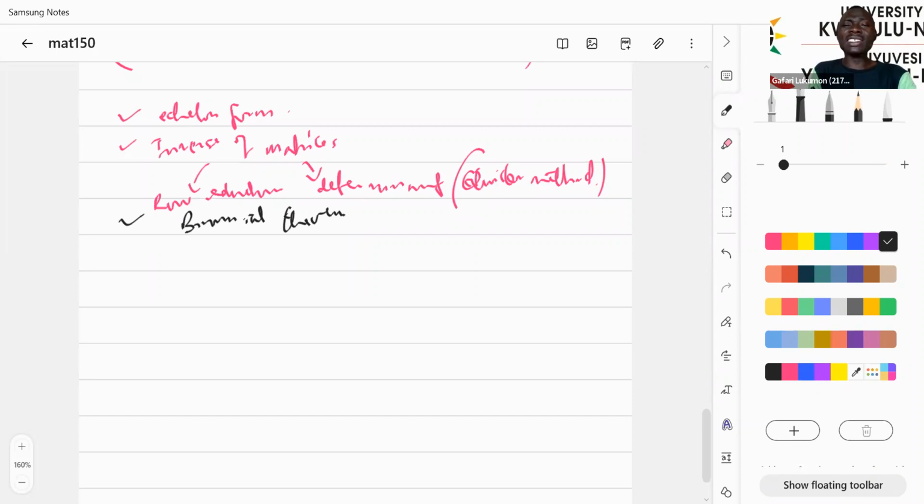If you don't forget, I told you that when a matrix is in echelon form, you are going to have something of this nature. You must first of all have 1 as your first element here. So you have 1, then dot, dot, dot. Then you must have 0 here, dot, dot, dot, 0, 0, dot, dot, dot.